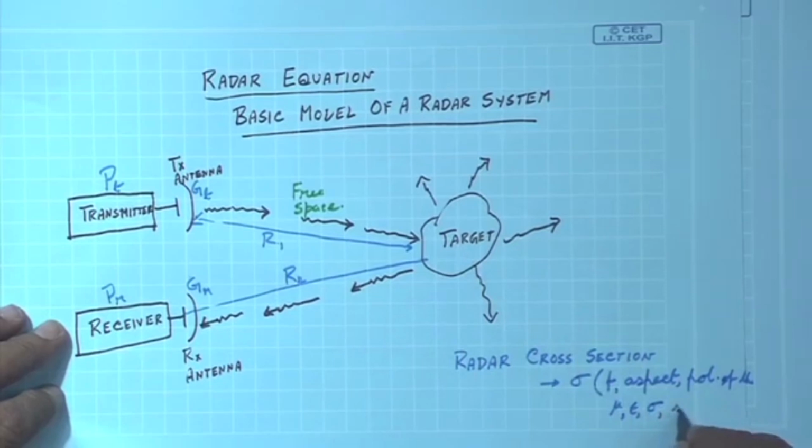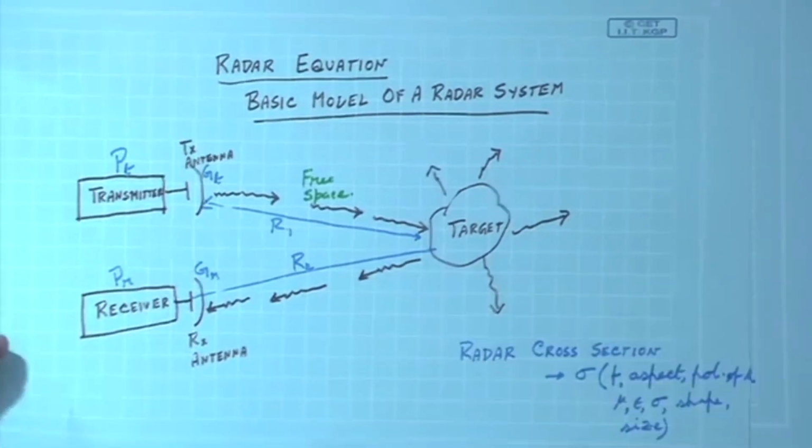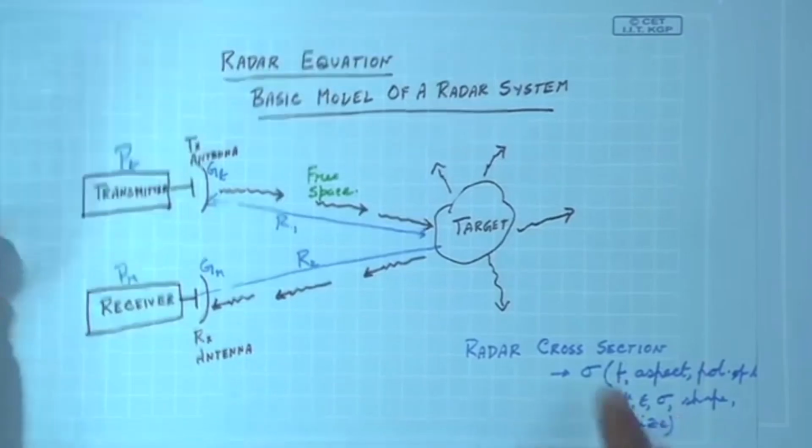It depends on shape of the target, then it is a function of size of the target, etc. It is a function of many things. Suppose I know that value is sigma.